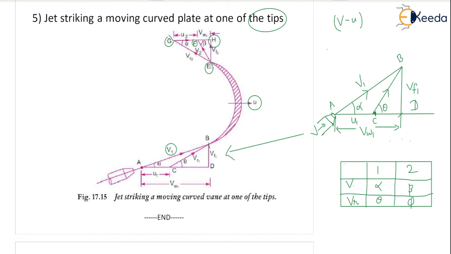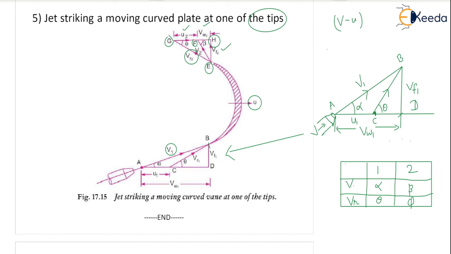V2 is the velocity coming out here, but in this case V2 and U are moving in the opposite direction, so we have to add the velocities, V2 plus U. So your relative velocity will be greater than the velocity vector V2. For V2 we have the flow and whirl components, Vf2 and Vw2, and this is your U2 in this direction.